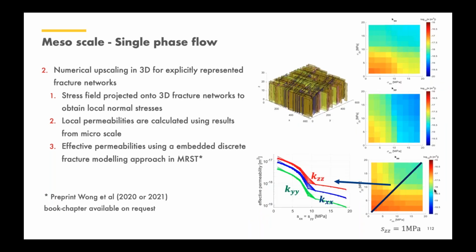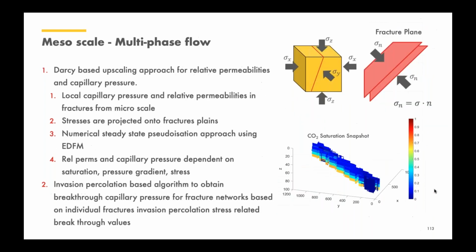We expanded these and anchored again against the 2D. The 2D simulations were strongly coupled with the mechanics. We simplified the coupling, did it in 3D, and obtained an upscaled stress-permeability relationship. And we did the same approach for multi-phase flow.